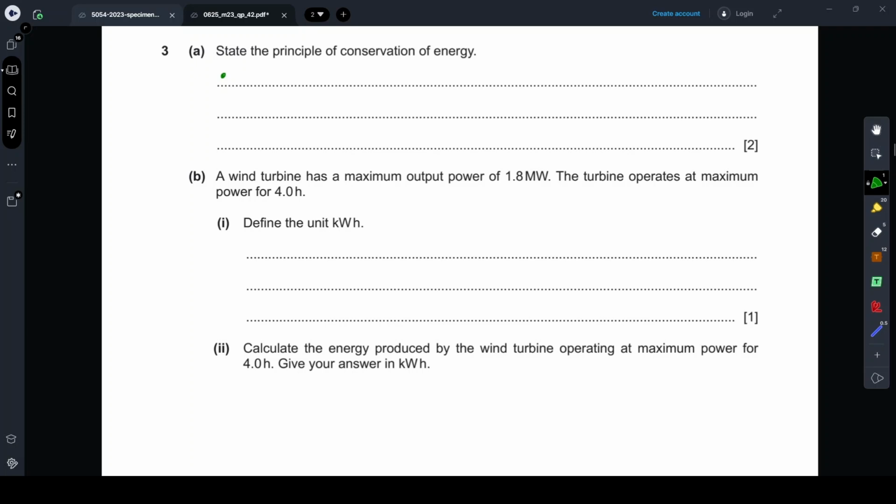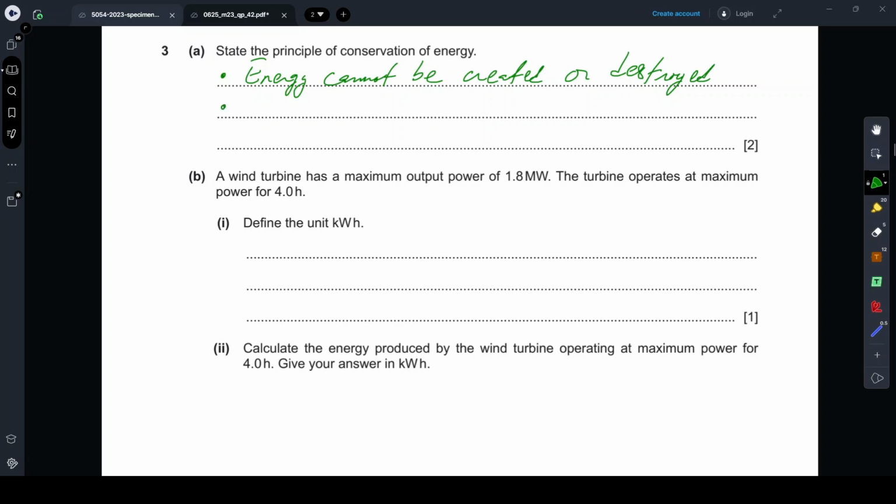I think I remember that the principle of conservation of energy states that energy cannot be created or destroyed, if I'm not wrong. That's only half of it.